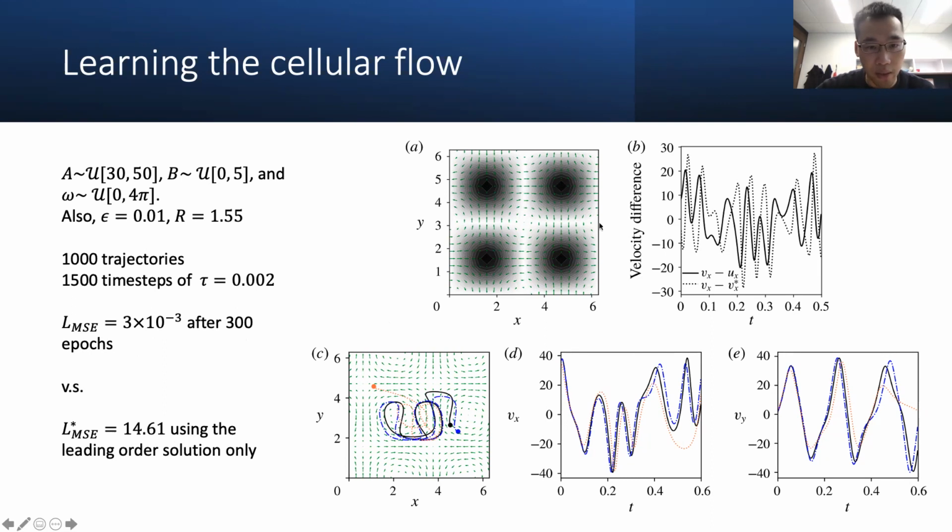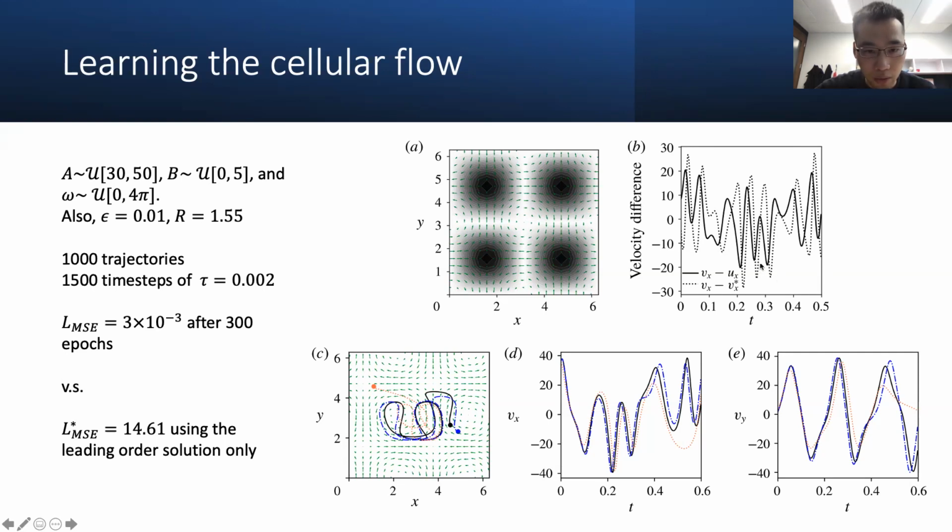On the right-hand side, figure A shows the flow field. Figure B shows that there is indeed a difference between the particle velocity and flow velocity, even though this particle inertia term is small.